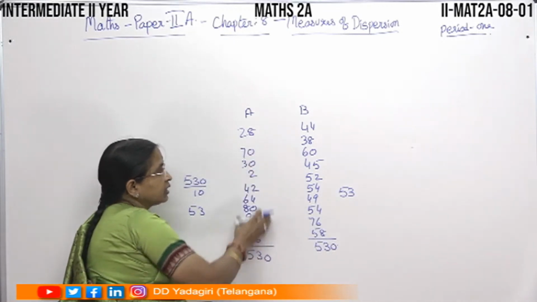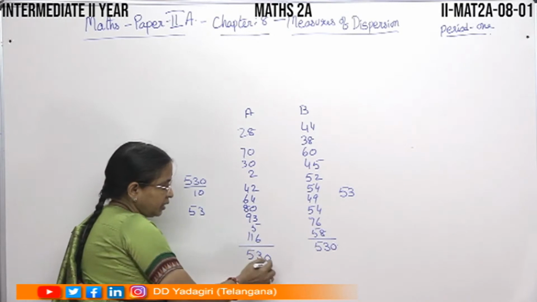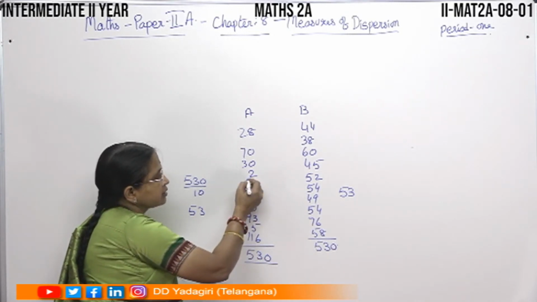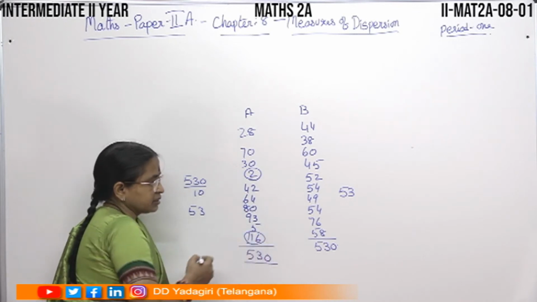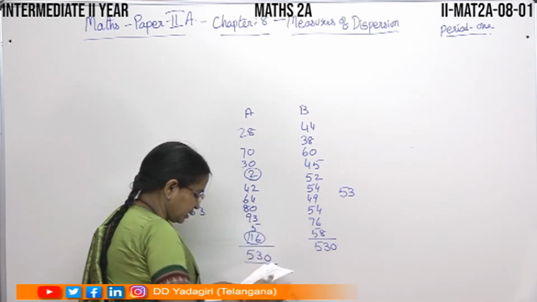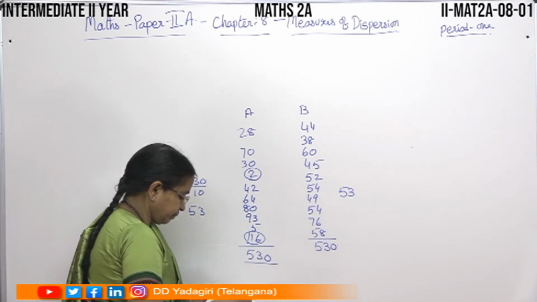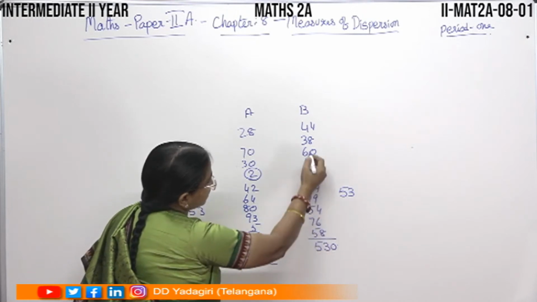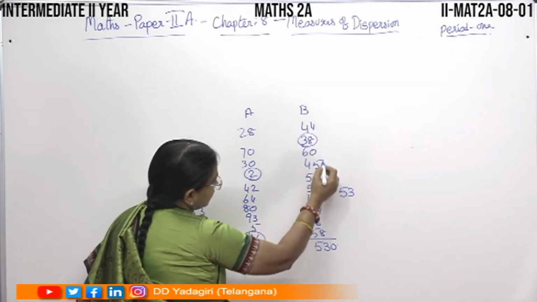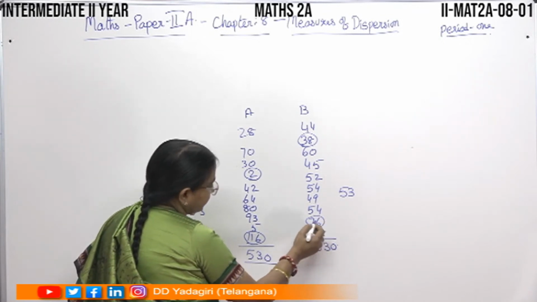So, when you see the runs scored by A and the runs scored by B, here you can see that he has the least value as 2 and the greatest value as 116. Whereas for him, the least value is 38 and the greatest value is 76.